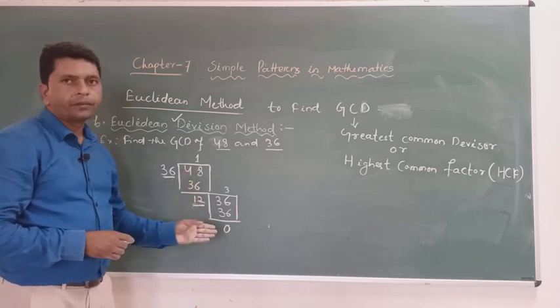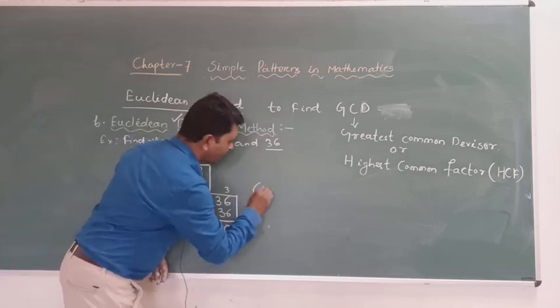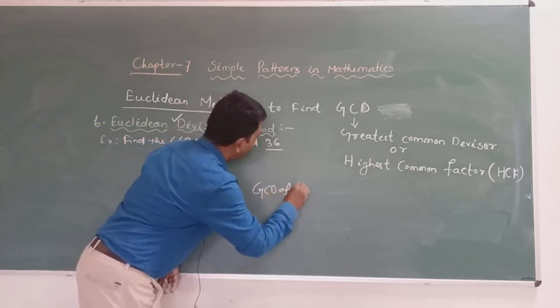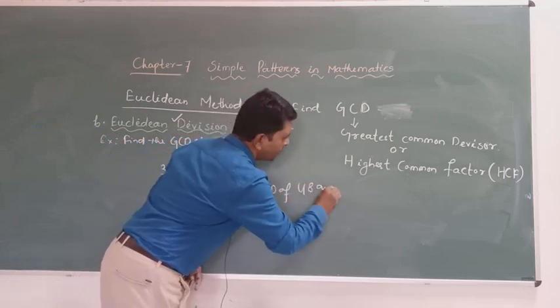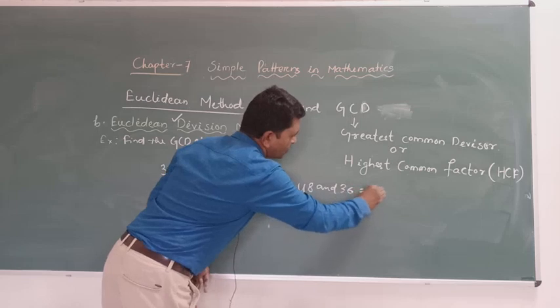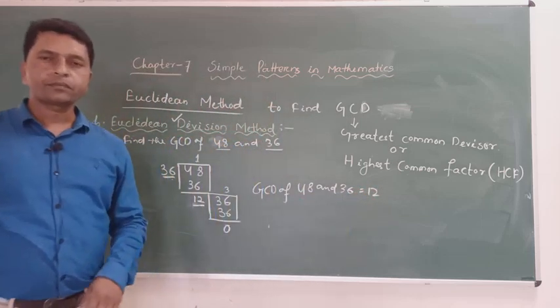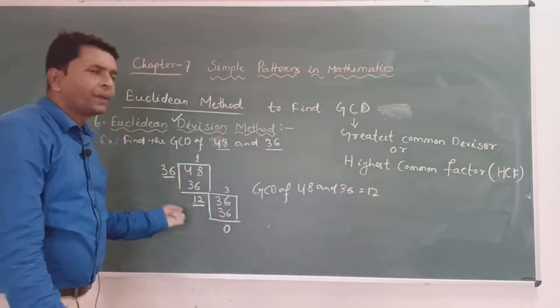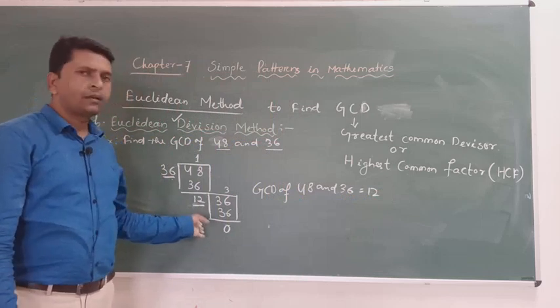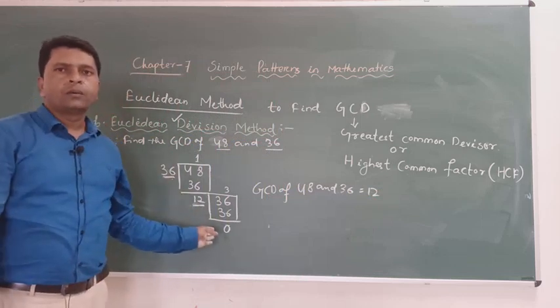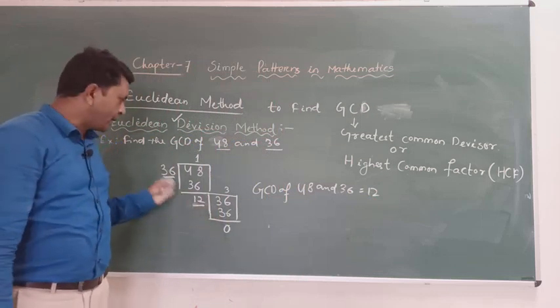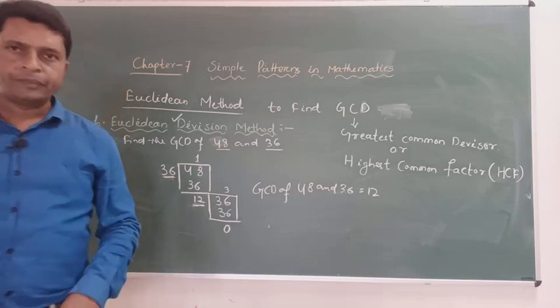So here we can write, GCD of 48 and 36 is equal to 12. Very simple process: just repeated division with the remainder and the divisor.